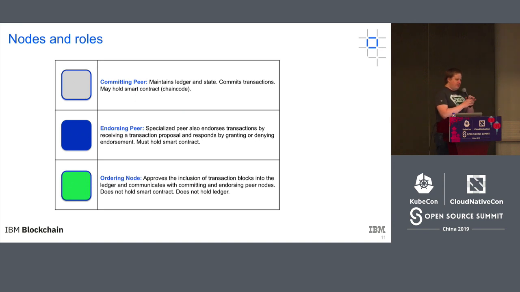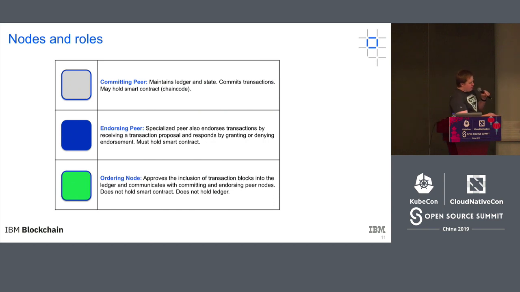But only some are necessarily endorsing peers, and this depends on the endorsement policy that we can discuss later. And these are split up basically to allow more scalability, in that you don't necessarily need the same endorsing peers for every transaction, and everybody doesn't need to have the same set of written data.